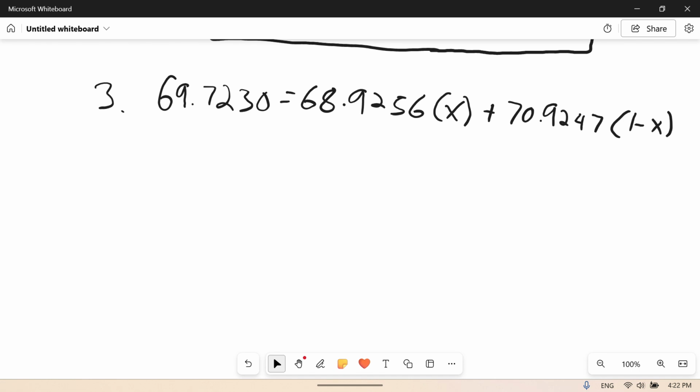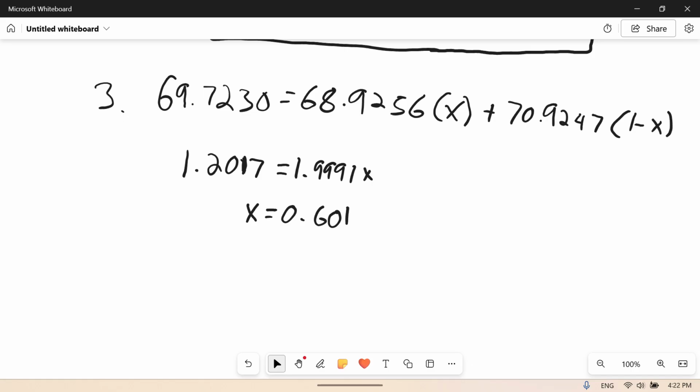Expand those, bring everything to one side. You should get 1.2017 equals 1.9991x. And x must equal 0.601 with 3 significant figures, as our question requests.